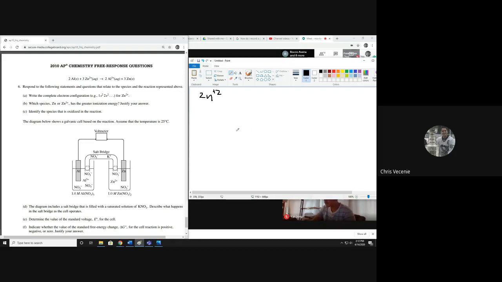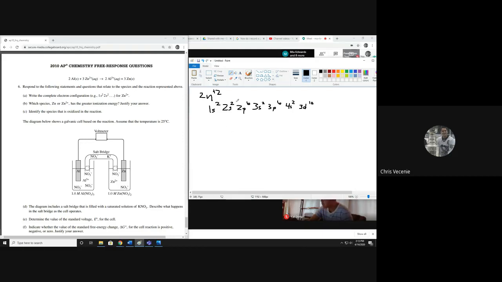So if you guys are looking at a periodic table and we were to write the Zn2+, we start with just Zn's configuration. That's going to be 1s2, 2s2, 2p6, 3s2, 3p6, 4s2, and then regular zinc is 3d10, because zinc is element number 30.